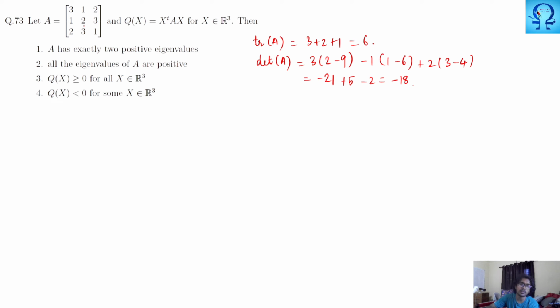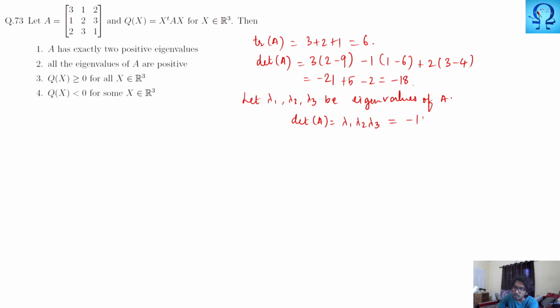Okay, since this is a 3 by 3 matrix, let lambda 1, lambda 2, lambda 3 be eigenvalues of A. Determinant of A is the product of the three eigenvalues.